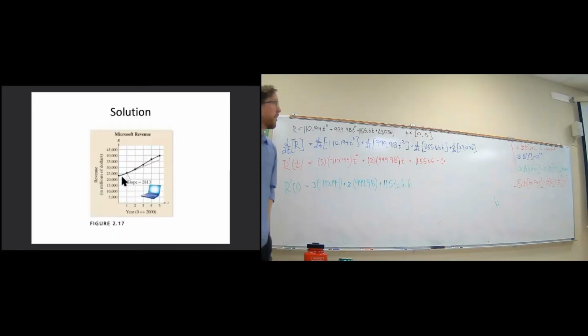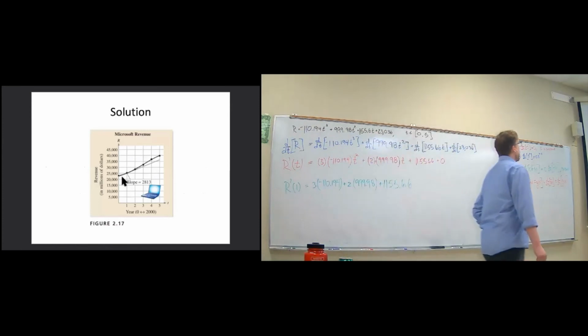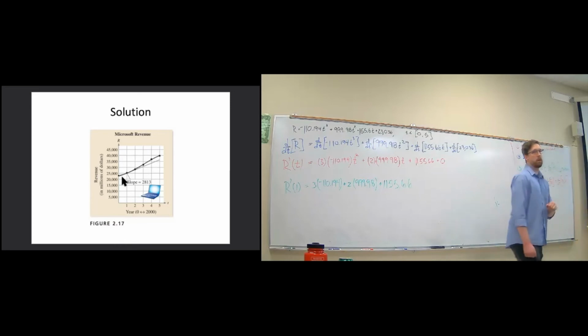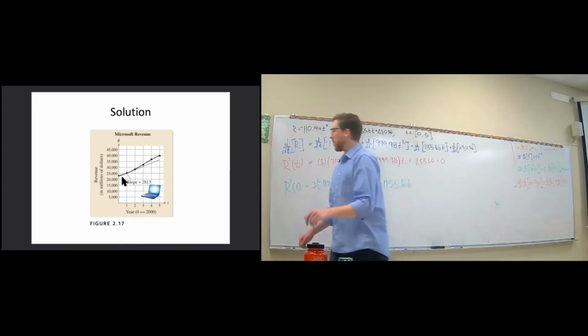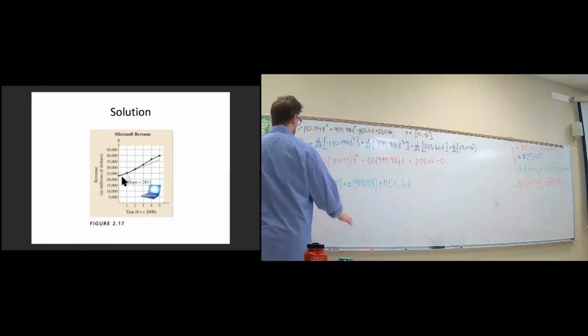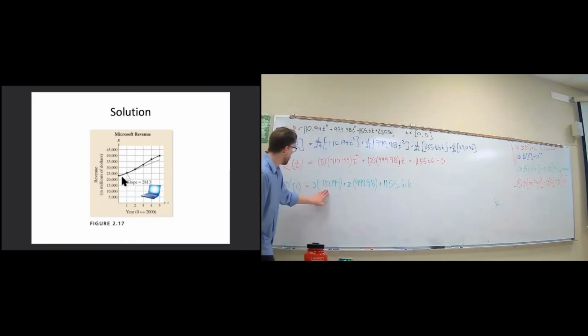So what we're doing is finding the slope of the line tangent to our revenue function when time is equal to 1. That comes out to be about 2813, approximately. And that looks about right. And so just checking, yeah, because that becomes 6.